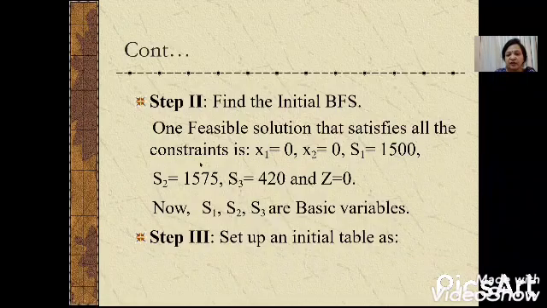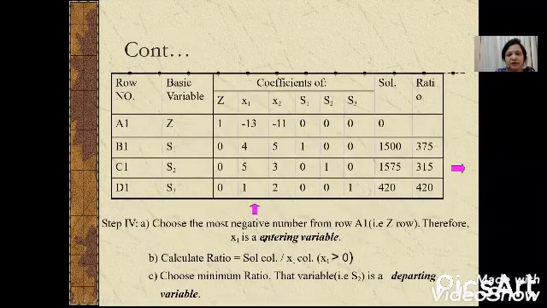And here S1, S2, S3 are the basic variables. Now we set up an initial table as here. This is row 1, 2, 3, 4. In the columns, we have first the row number, second the basic variable. Then we have the coefficients of the different variables.